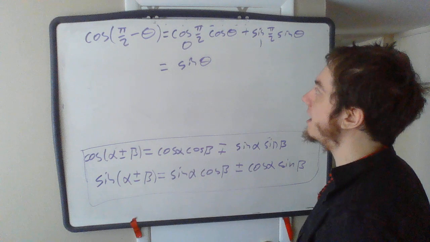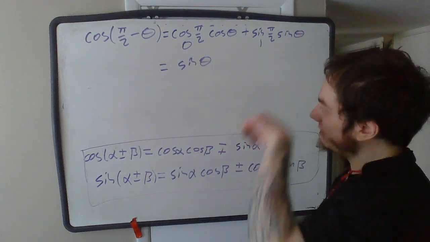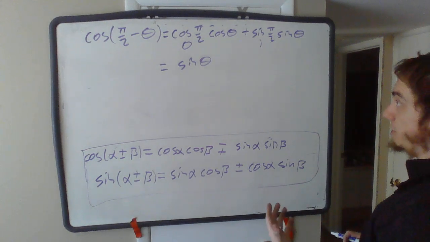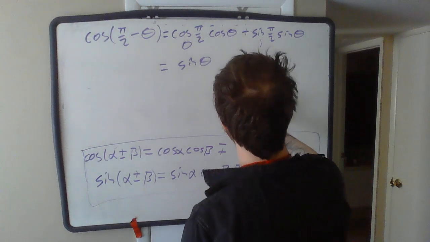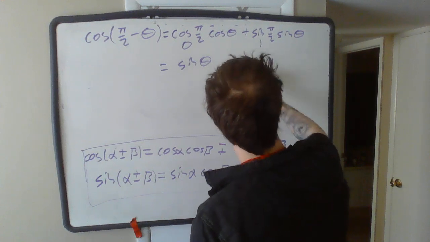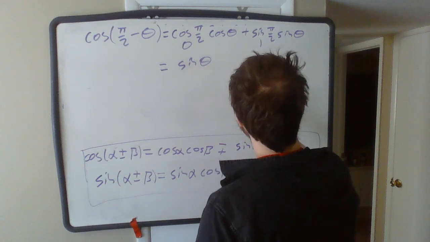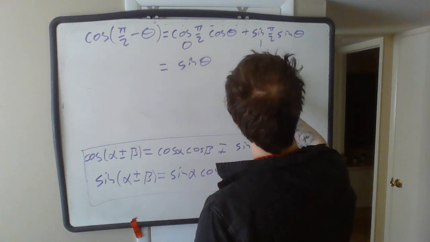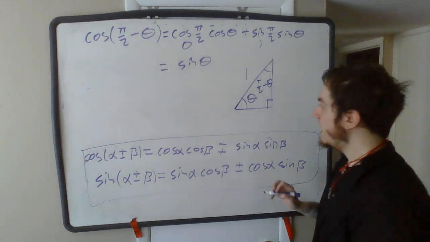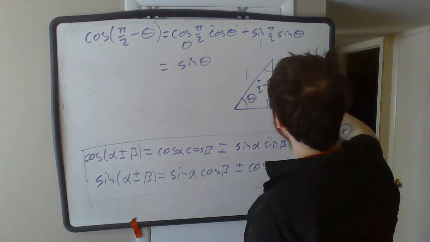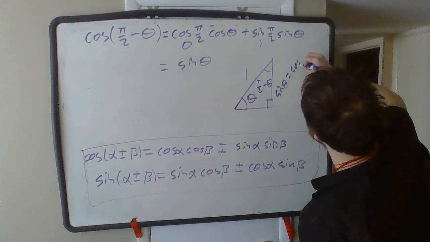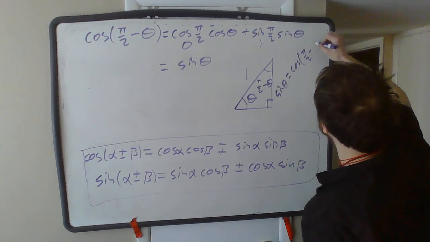This is actually something that you can see easily enough if you think about the triangle description for the trig functions, because think about if I have some angle theta, let's say that I have a triangle with a hypotenuse of 1, here's theta. Well, this angle up here is pi over 2 minus theta. And this side over here is the sine of theta, but it is also the cosine of pi over 2 minus theta.